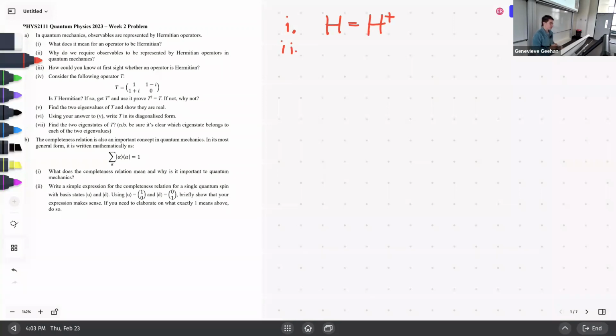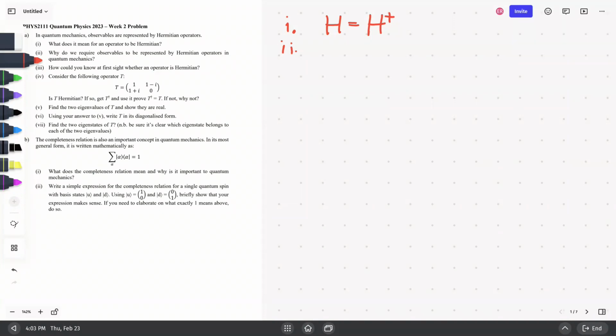There were a few, most people had the right idea here, but maybe the wording was not super clear. Basically, why do we require observables represented by Hermitian operators? This is because we want real observables. So the keyword is observables.